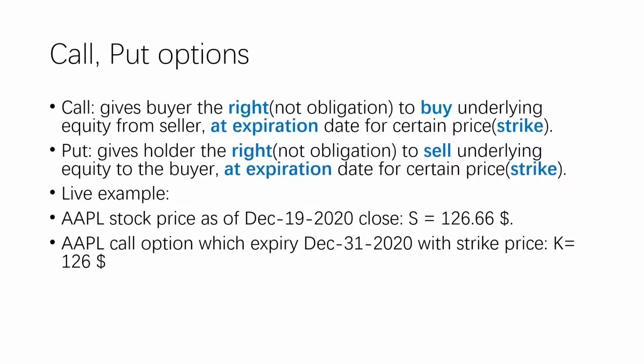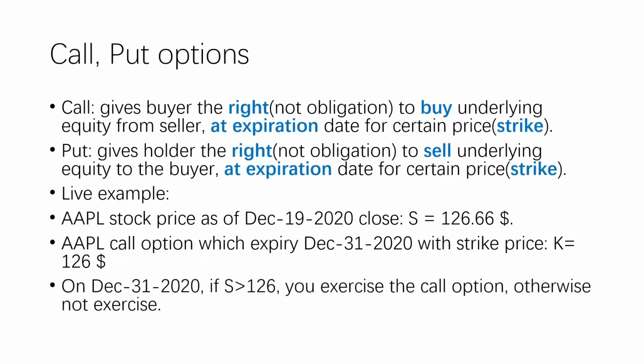The strike price is 126. That means on December 31st, if the Apple stock price S is greater than 126, if you are the buyer of the option, you will exercise the option because exercising it will be in your favor, and you will make money by exercising the option. Otherwise, you will not exercise.